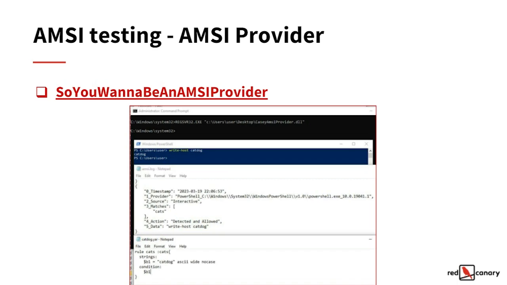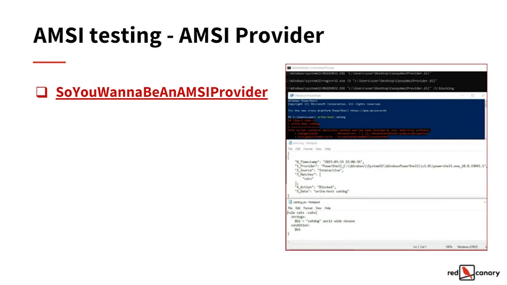If we load it in blocking mode, with the command line blocking argument inside of the DLL install, it will block the content from executing and also log it as blocked. So this is also a good indication for knowing where and what capabilities your AMSI provider has.